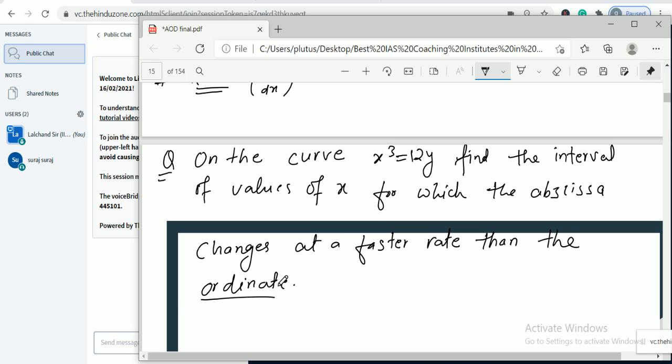Ordinate means y, abscissa means x. Okay. So we need to find where the abscissa's rate of change is greater than, faster than, the ordinate's rate of change of y.